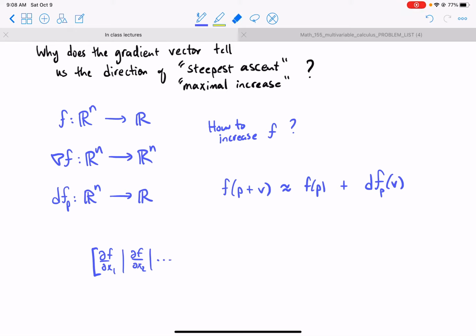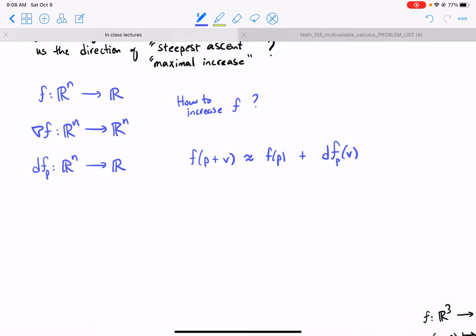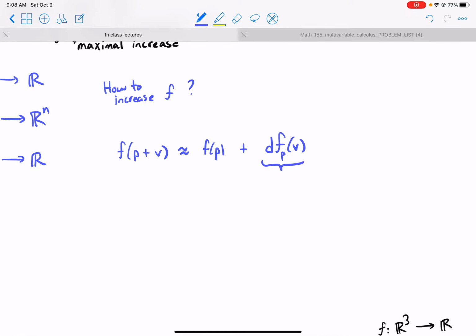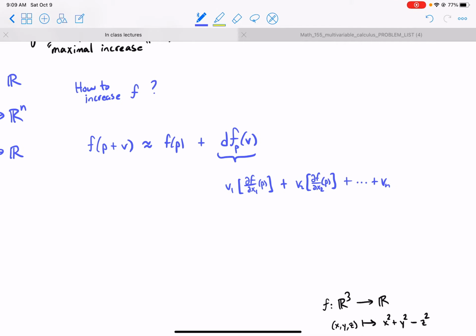And the formula ends up being v1 times the derivative of f with respect to x1 at the point p, plus v2 times the derivative of f with respect to x2 at the point p, plus all the way to the last input variable, whose derivative we take and evaluate at the point p.